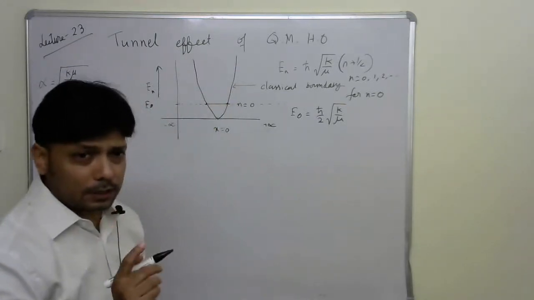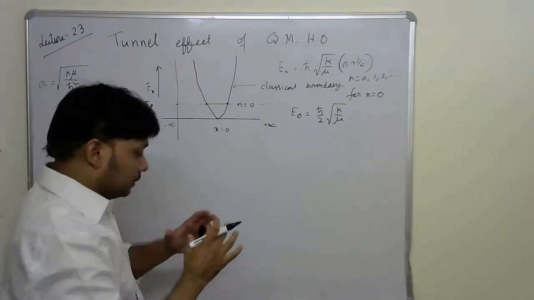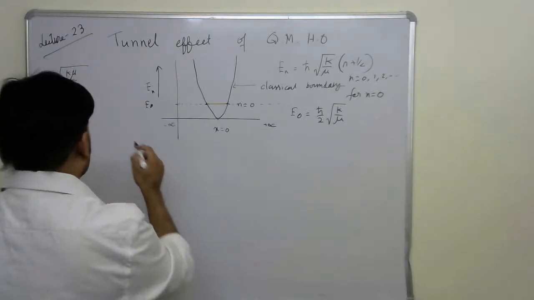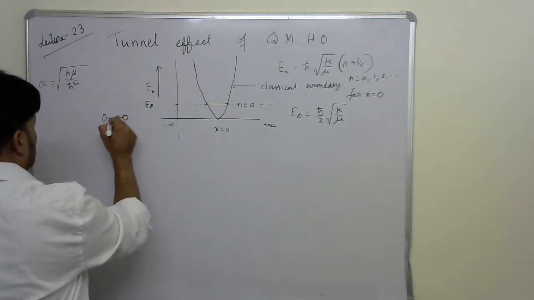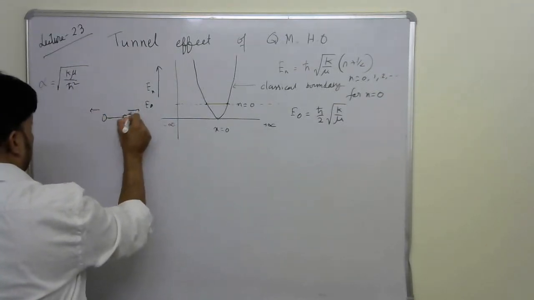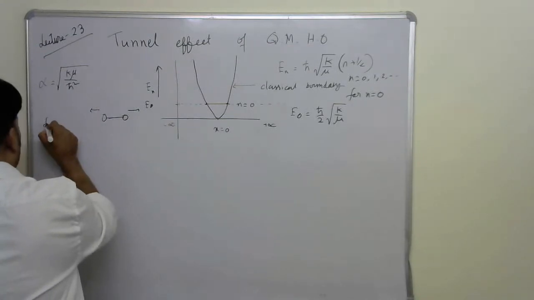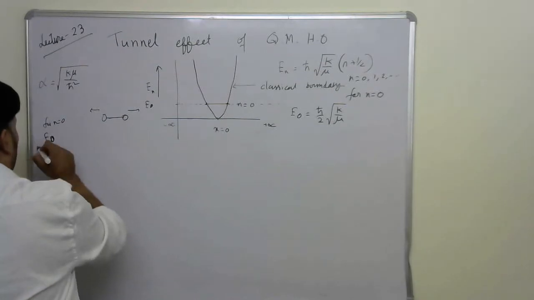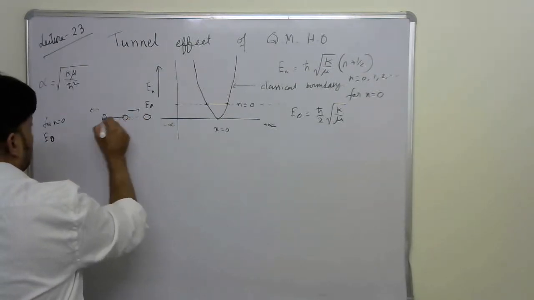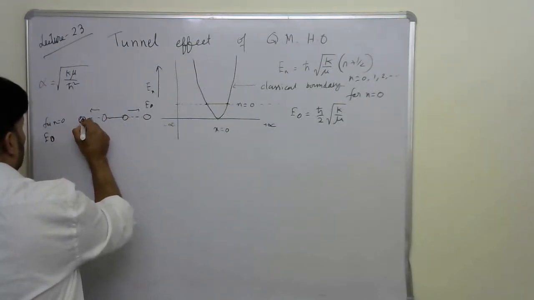These 2 points mean whenever the oscillator, suppose this is the oscillator and it is stretching, for n equal to 0, meaning for an energy corresponding to E naught, these two stretch to a certain value.